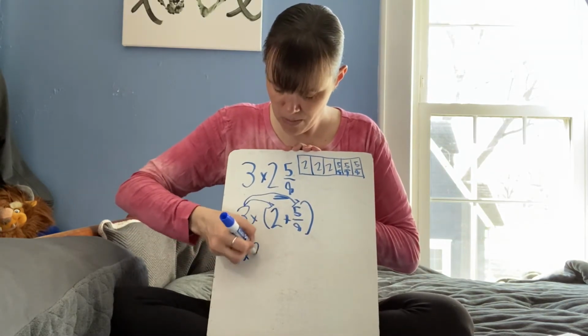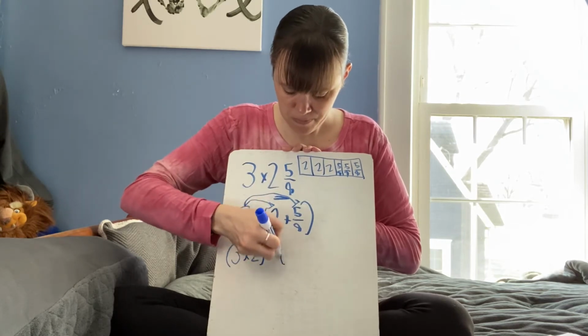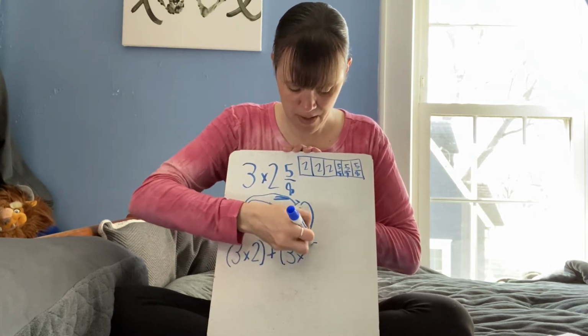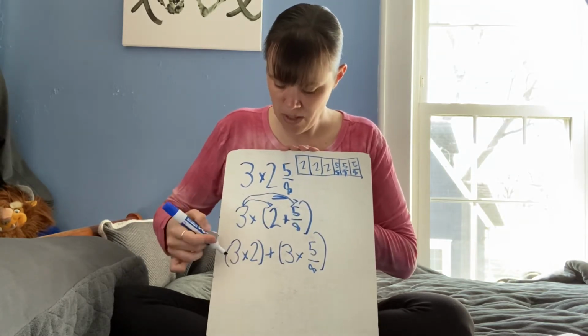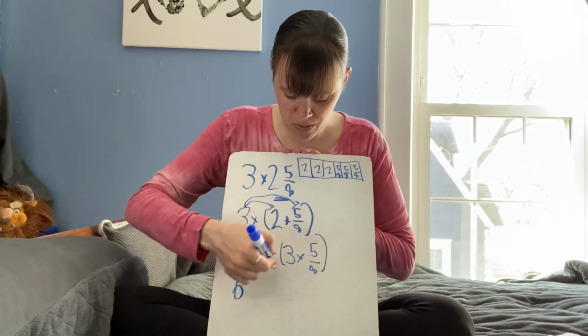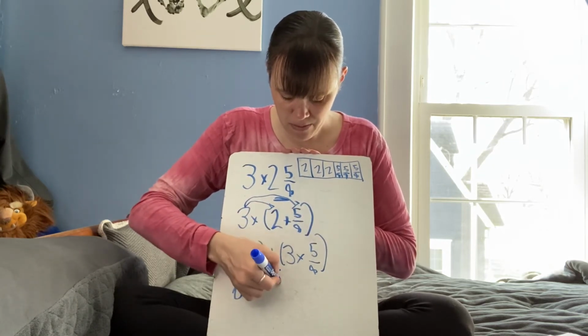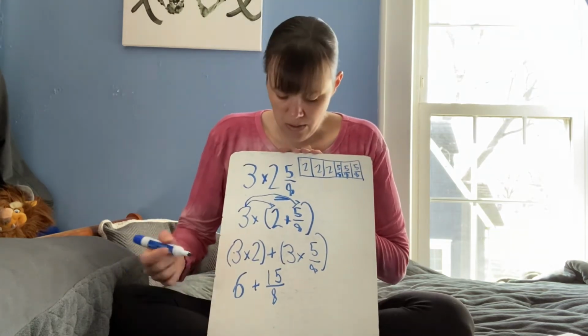So that's 3 times 2 plus 3 times 5/8. Oh, my 8 is backward, or sideways. 3 times 2 is 6. 3 times 5/8. You do 3 times 5, which is 15/8. Obviously, we can't just add that together, can we?